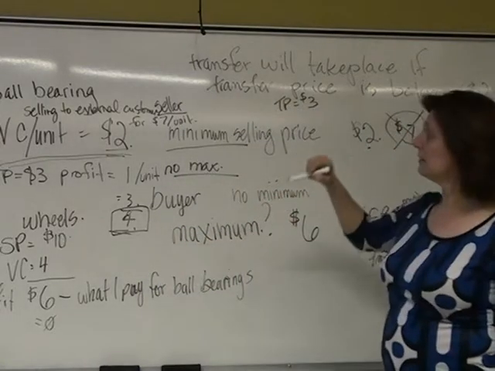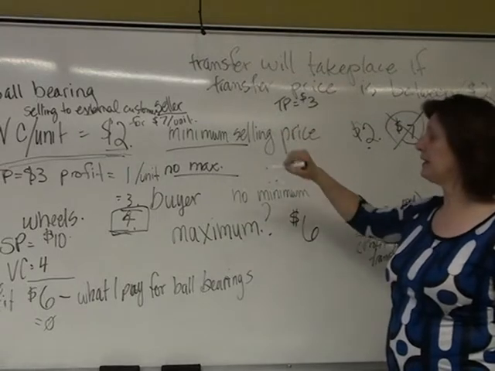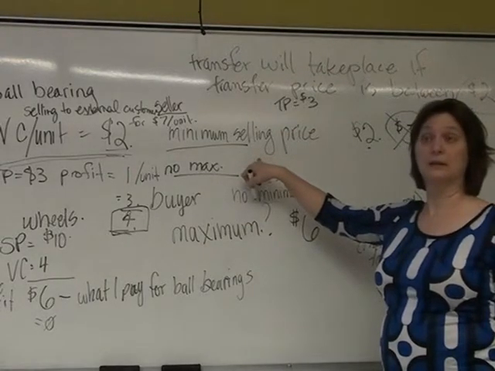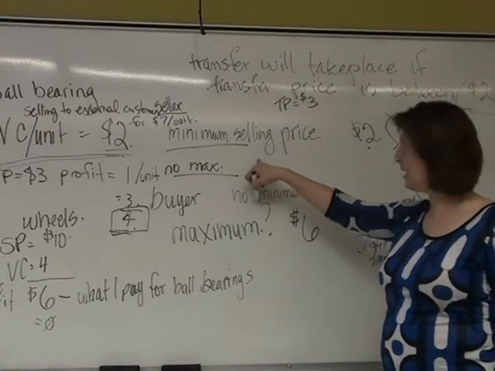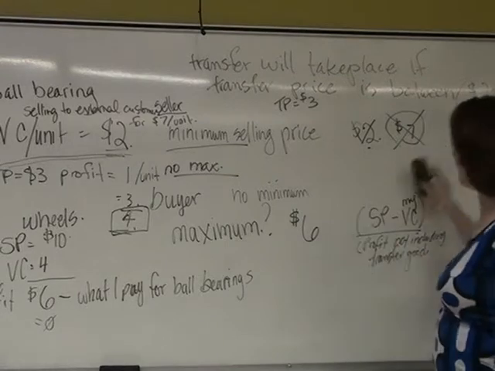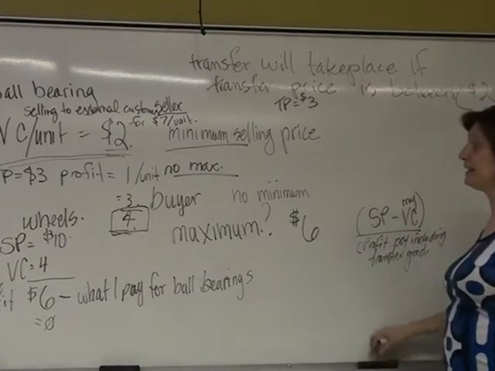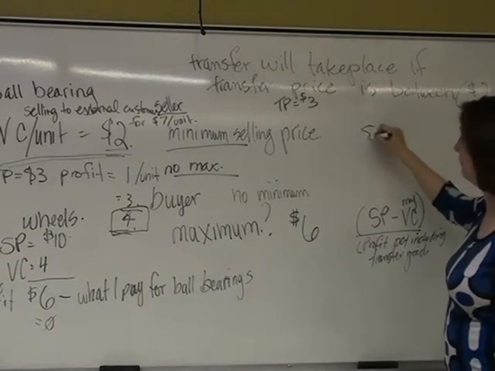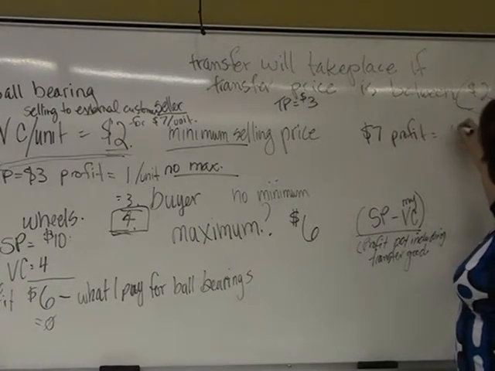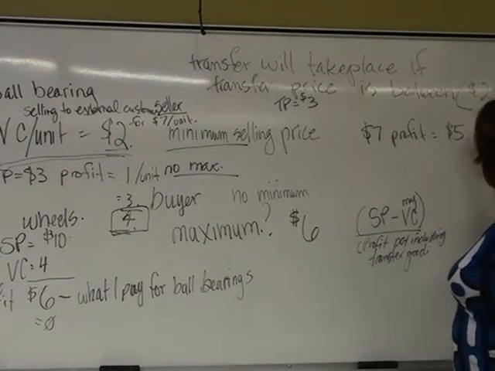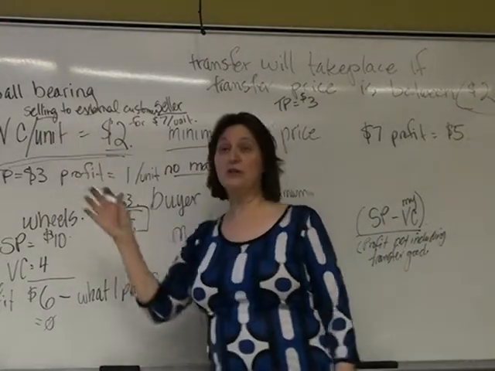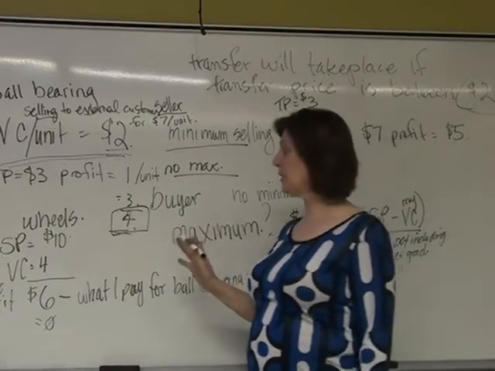What is the minimum selling price that these guys will take? $7, because they are selling them for $7 now. And how much profit are they making at $7? $5. So this seller will not agree to transfer them at $7.